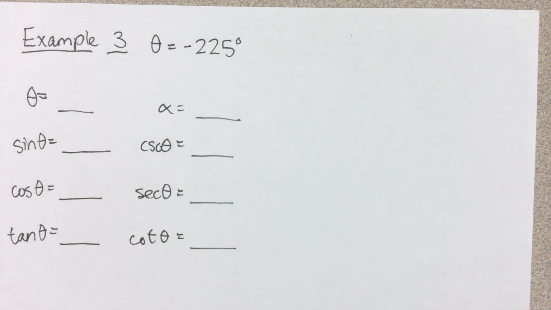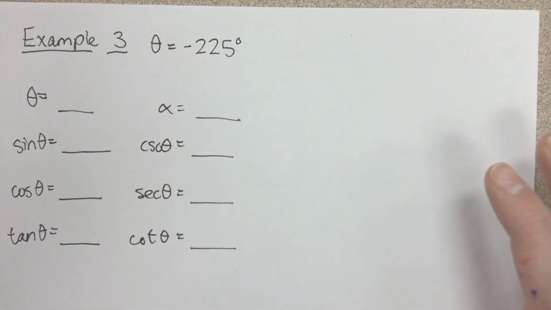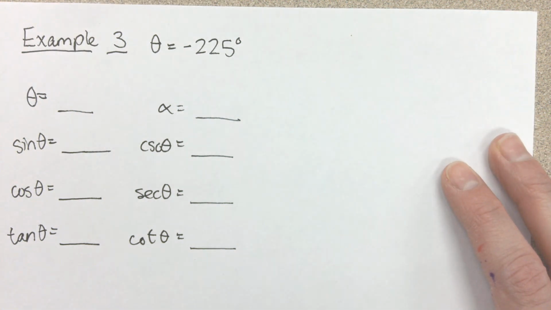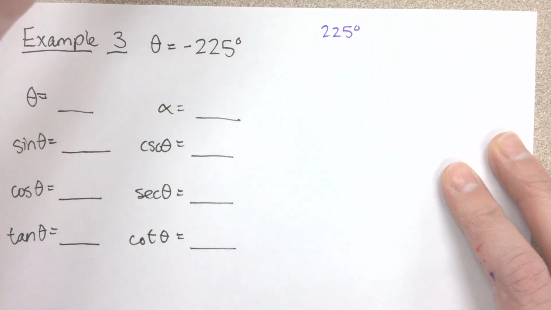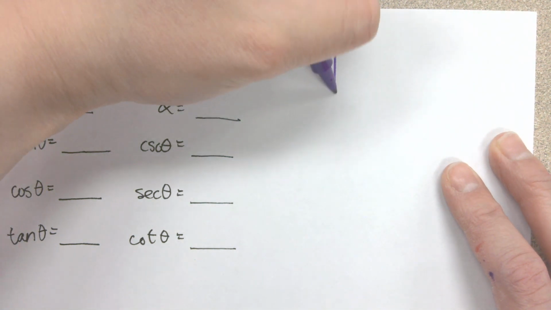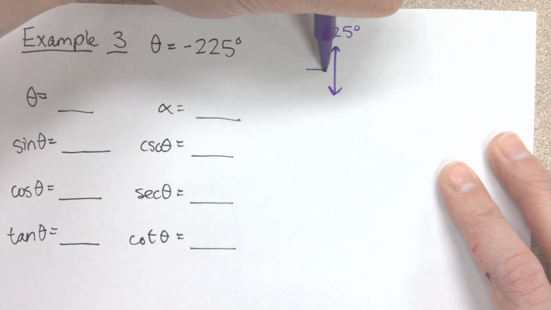When one of these appeared on an assignment last week, I got a lot of questions about it. So I wanted to show you how I like to graph negative angles. First thing I do is I visualize what it would be if it were positive. So first I'm going to do a miniature graph here just to get my point across.